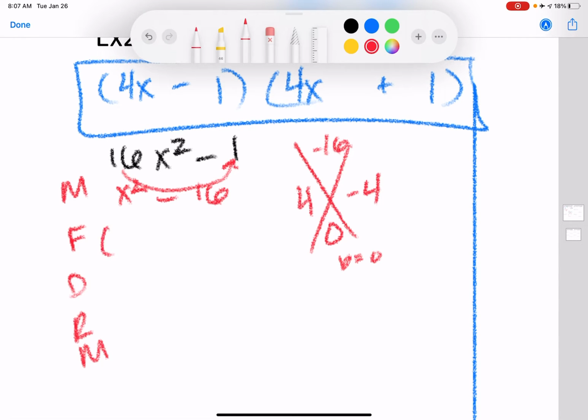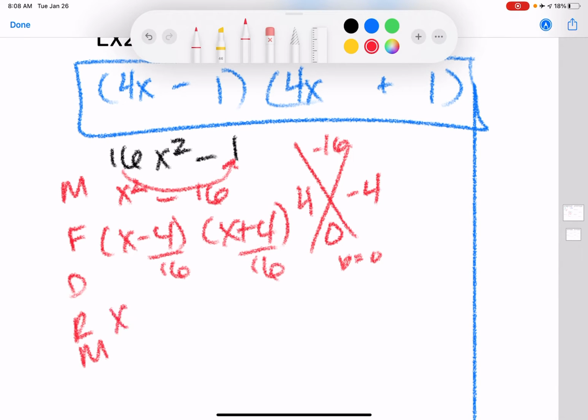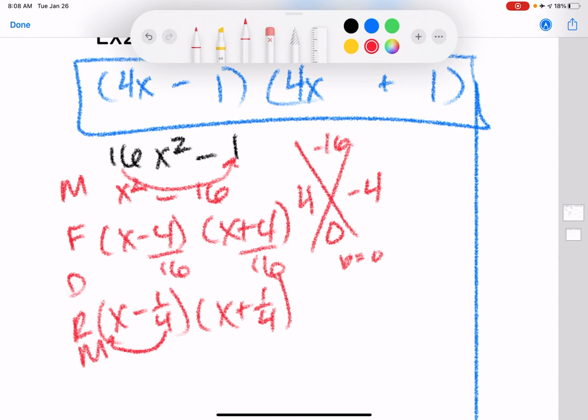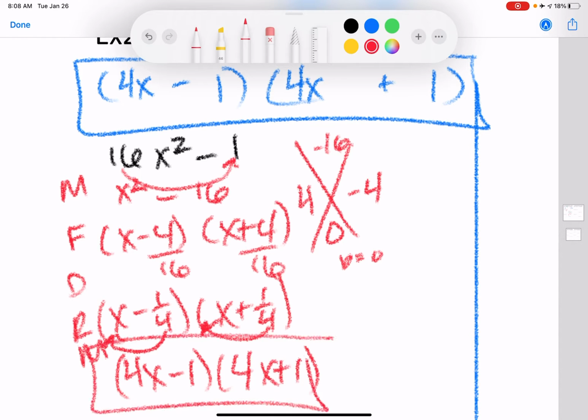Okay, so I get x minus 4 and x plus 4. Divide by the number. So we multiplied by 16, so now we're going to divide. Reduce, so you get x minus 1/4 and x plus 1/4. And then move your denominator back over if there is one, and you get 4x minus 1 and 4x plus 1, which is the exact same thing we got here.